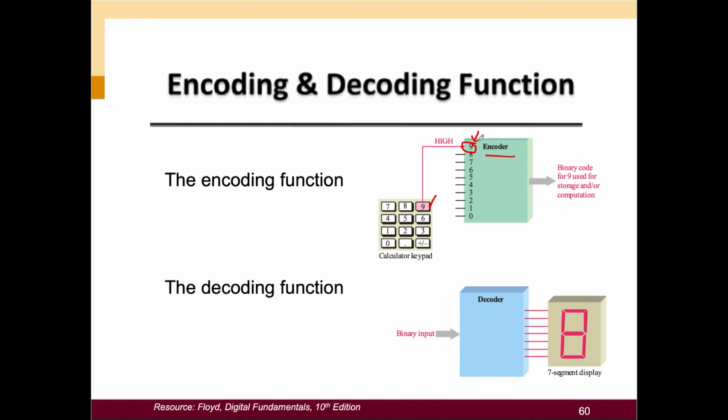So you have another example, the decode function, which is, let's say, you have the binary input. So for decode you have it like this, let's say. So this is the 7 segment display. Later on you will notice that in this function you have 1 and then 2, 3, 4, 5, 6, 7. Let's say like this.